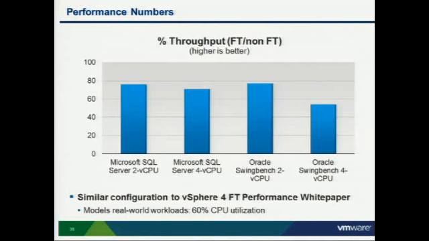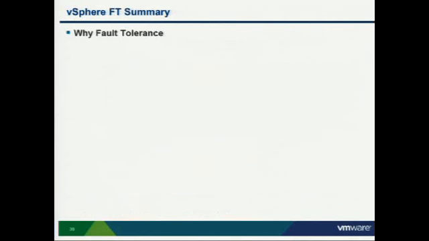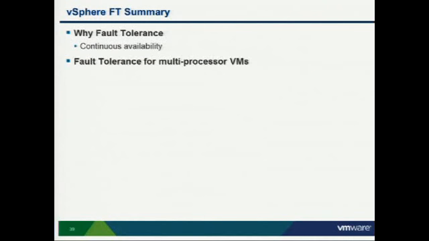Okay, so I just want to summarize the FT portion of this. I described why you'd want to use fault tolerance and what makes it interesting. It gives you continuous availability, and it's a very strong property because no one is the wiser when a failure happens. I also showed you fault tolerance for multiprocessor VMs, which is an impressively hard problem.